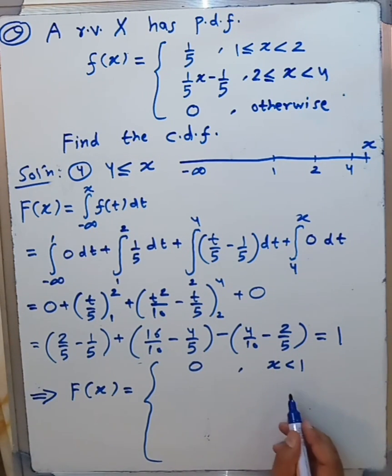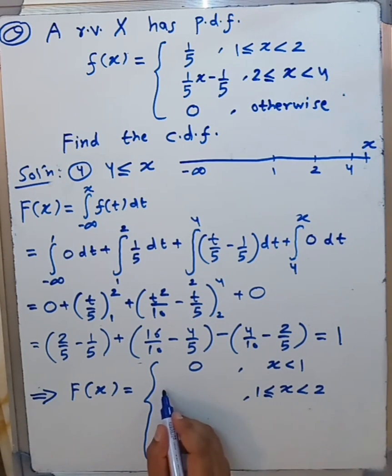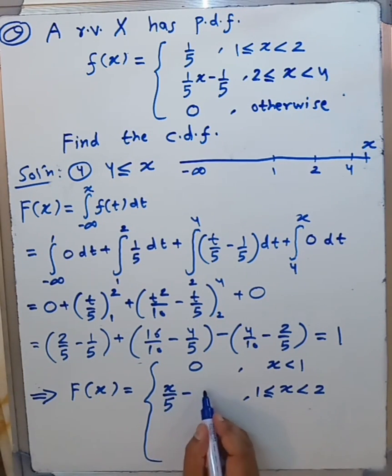Second piece we have discussed, when x is between 1 and 2, capital F(x) will be x by 5 minus 1 by 5.